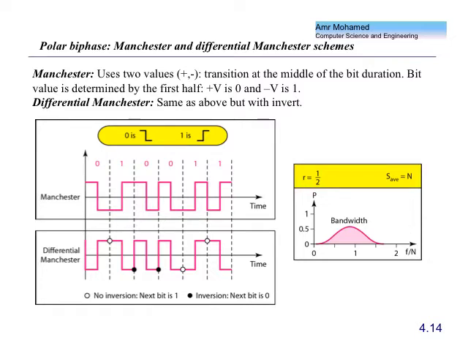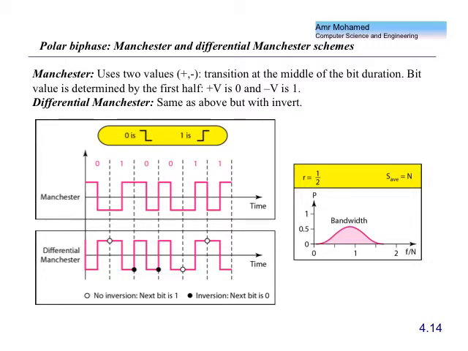And that's why this is actually used a lot in Ethernet. This is used as part of the physical layer in Ethernet. As you can see, it's a very simple line encoding scheme, not complicated, using only 2 signal levels.